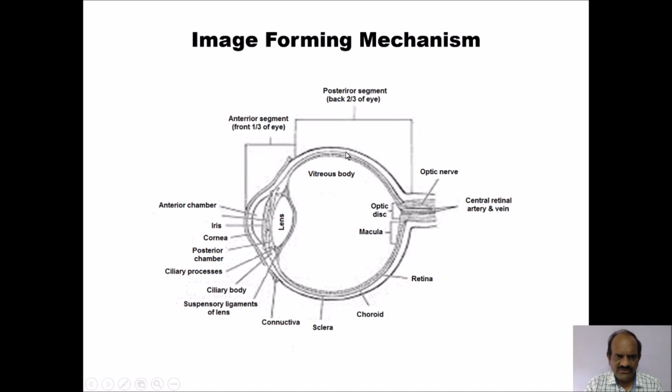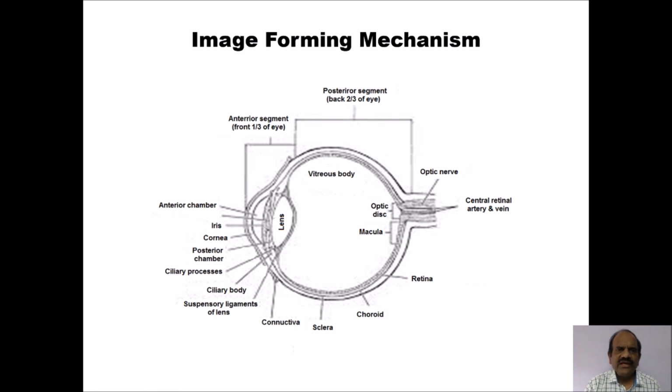This part is the optical division, and this part is where you will find the entrance or exit for the central retinal artery, veins and nerves. This part is very important, as it conducts the information about the image formed on the retina towards the brain for perception of this image.